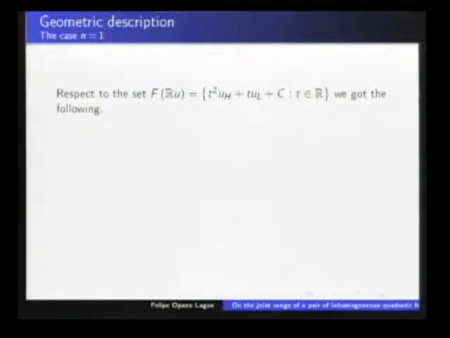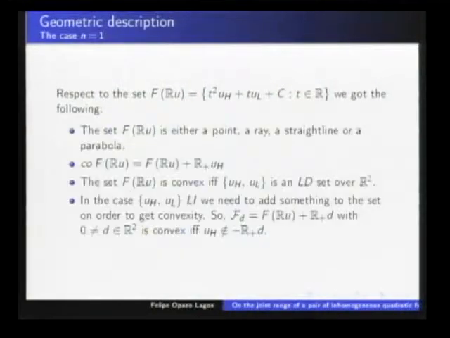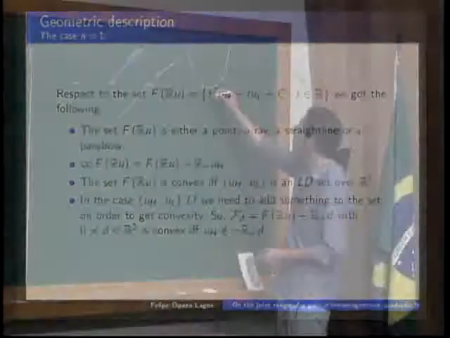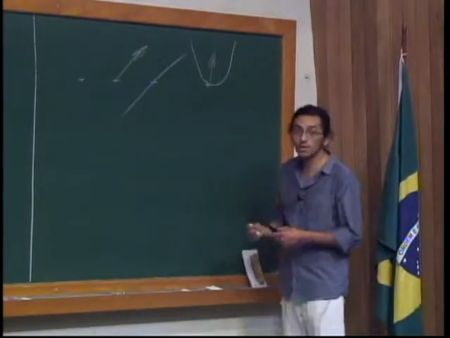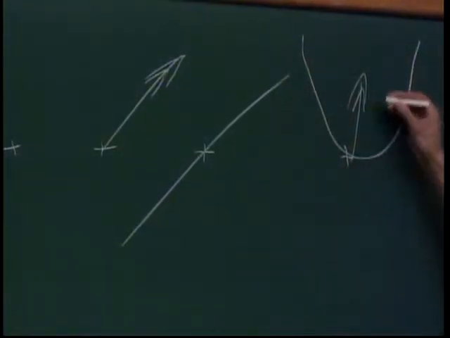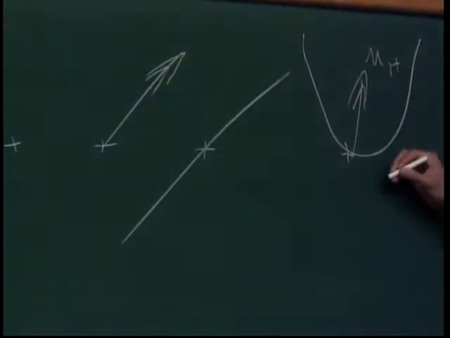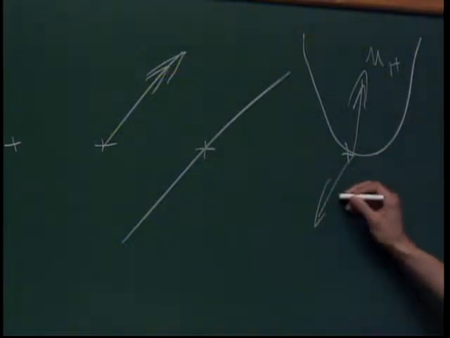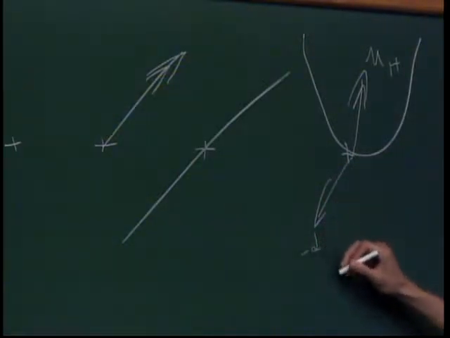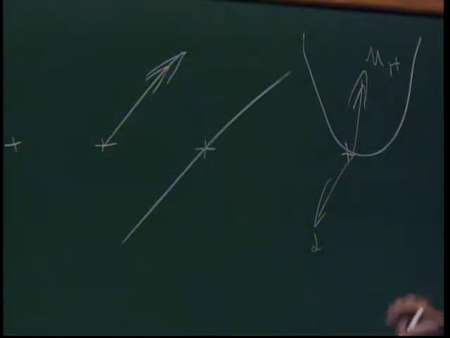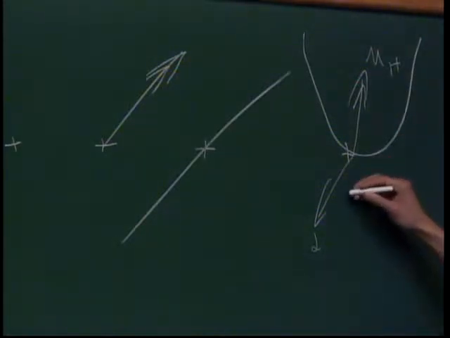Okay? So this set is quite elementary, and we get the following characterization of convexity of the set that interests us. Namely, it's convex if and only if the homogeneous part, which is the one that dominates the set, is different from minus the direction we have to add.